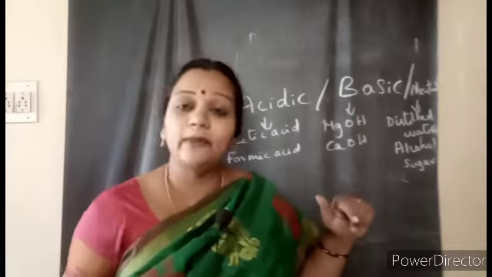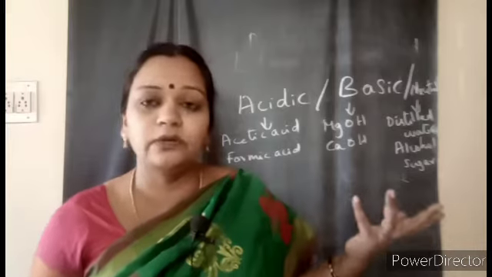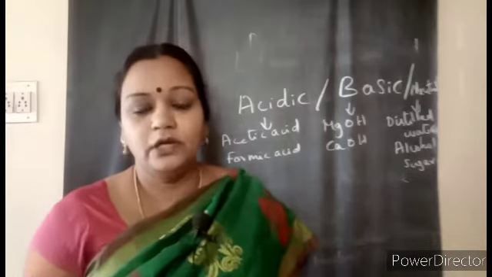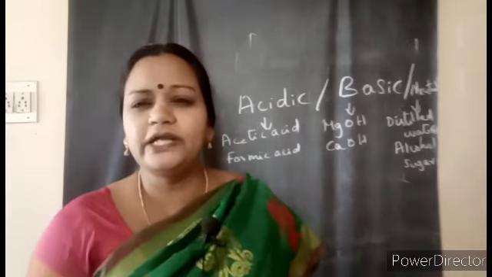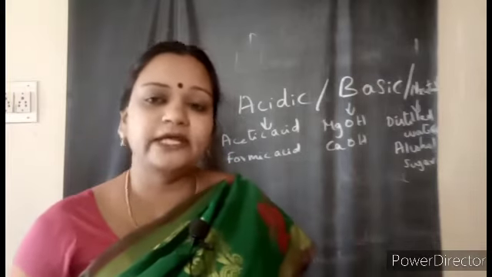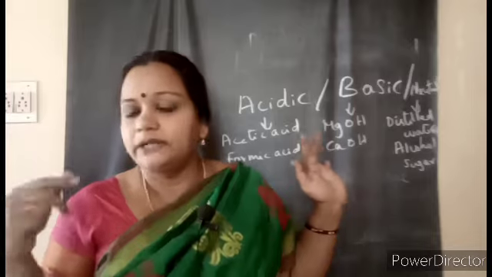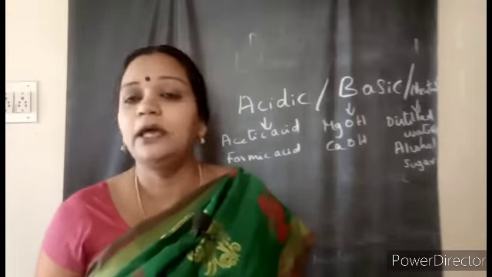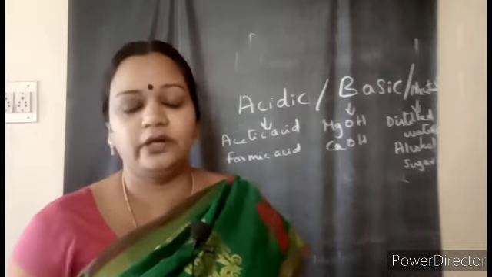But if you take tap water, no children, or water coming from a river, it might have many things dissolved in it, even soap. Soap is a base, you know that. Depending upon the amount of impurities or from where it reaches our home, it can be acidic or basic. That is why we mentioned distilled water will be neutral. Other than that, any river water or tap water may be acidic or basic, depending upon the things dissolved in it.